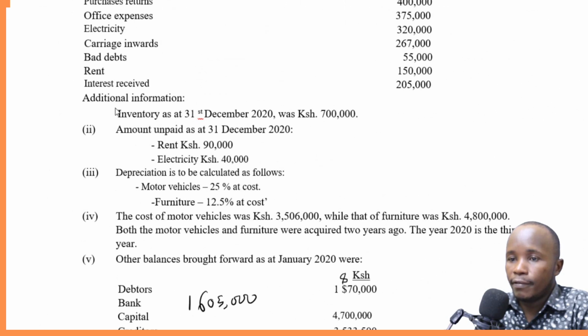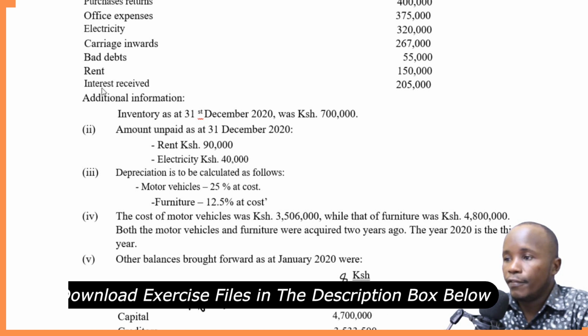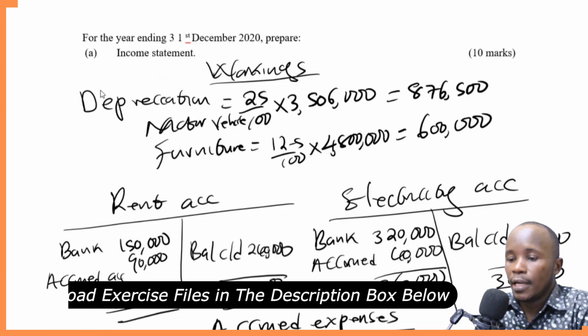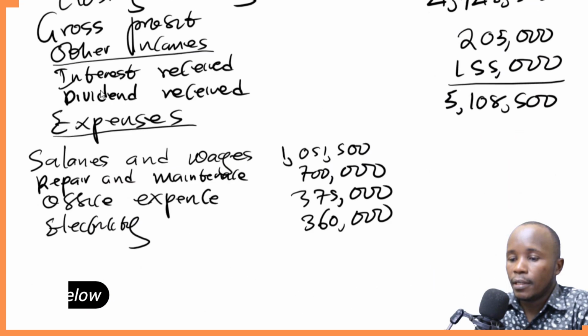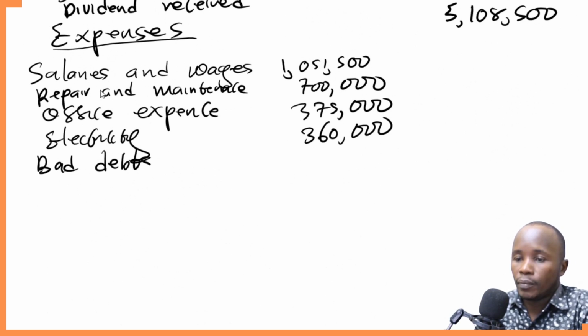Here we have bad debts. Bad debts are 55,000. This one they are allowable. Bad debts and also rent. So bad debts here is 55,000.